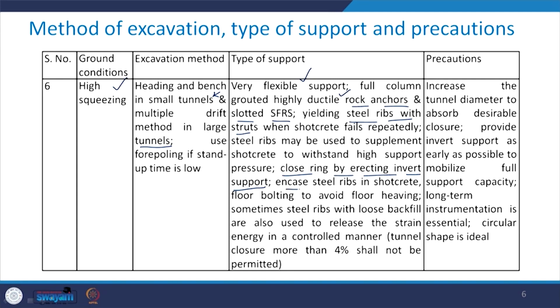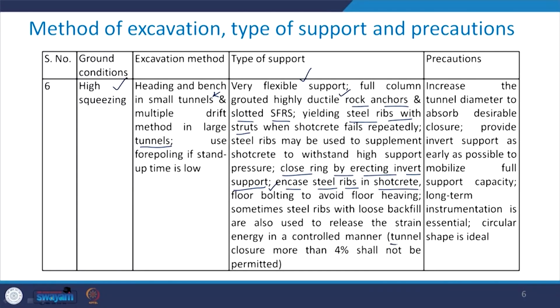One can encase the steel ribs in shotcrete. Then floor bolting can be provided in order to avoid floor heaving. And sometimes steel ribs with loose backfill are also used to release the strain energy in a controlled fashion. That is, in this case, tunnel closure of more than 4% shall not be permitted.